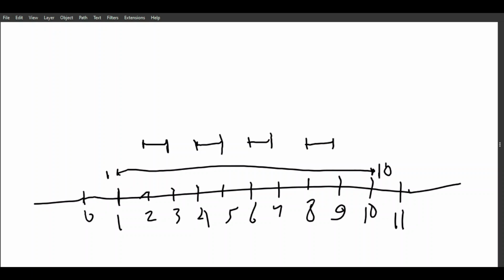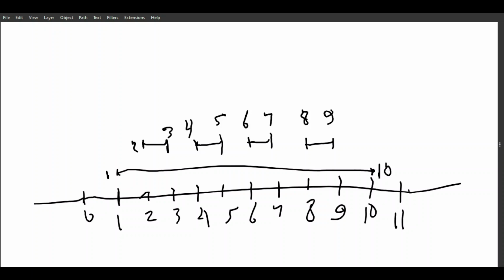Start and finish times are 2 and 3, 4 and 5, 6 and 7, 8 and 9. So this is one instance of the interval scheduling problem. We are given 5 intervals. First is the longest interval from 1 to 10, then 4 short intervals, 2 to 3, 4 to 5, 6 to 7, 8 to 9.